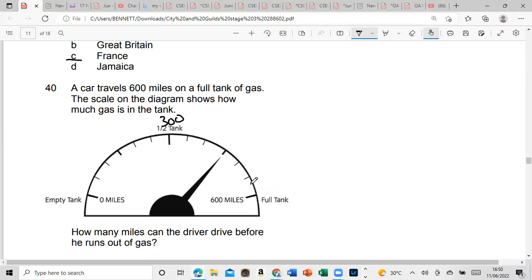So 1, 2, 3, 4, 5, 6 intervals. There's 50 between each of them. So 300 plus 50 is 350. And if you count the intervals up to 600, this is a 5. So it's 450. Alright, that's it. Equal there, so it's 450.